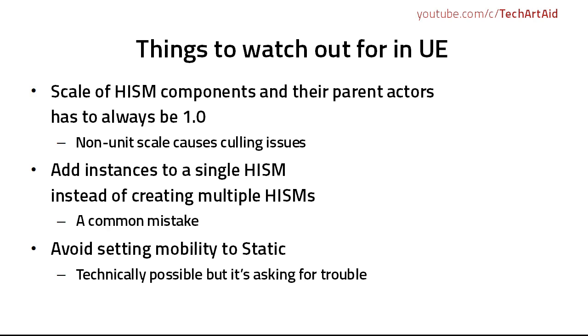Non-unit scale will cause culling issues along with other issues. Now remember to add instances to a single instancing group instead of creating multiple instancing groups. It's a common mistake, but if you follow the method I showed here in the tutorial, you probably will avoid it. Now, avoid setting mobility to static.